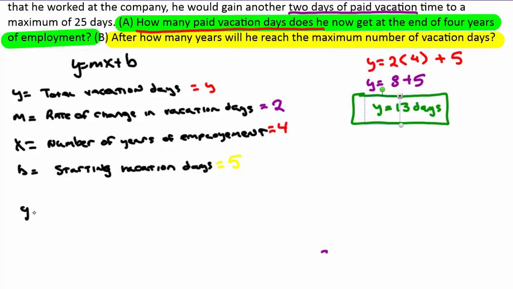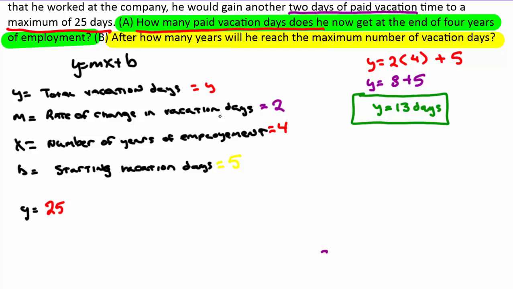Y, I already listed what that means up above, but it's the total vacation days. Well, we're looking at the maximum number of vacation days, so let's figure out what that is. Maximum number of vacation days is listed right here, maximum of 25 days. So this is going to be 25.